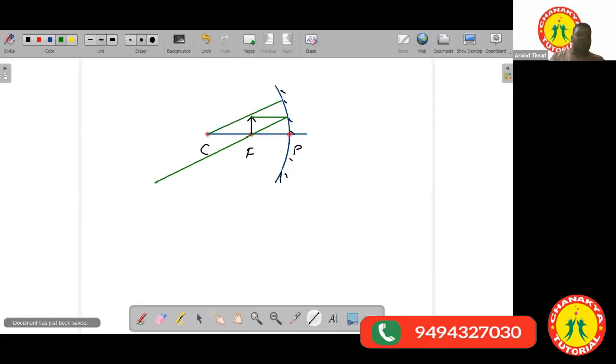It goes back in the same direction. It retraces its path. So once you draw it, retracing its path, you will get a line something like this.